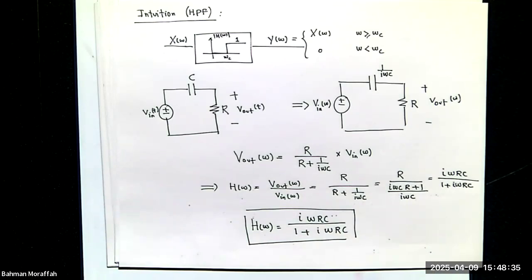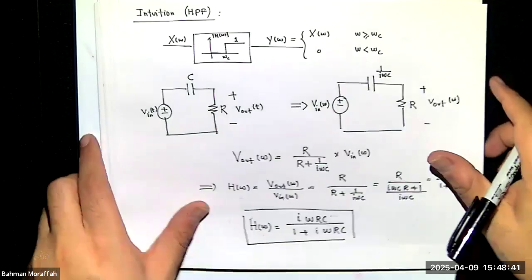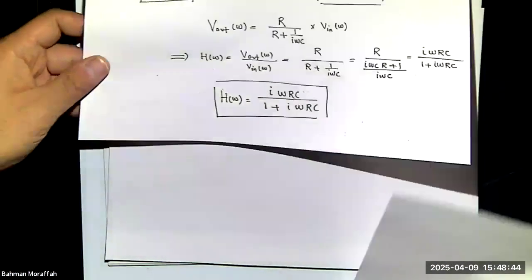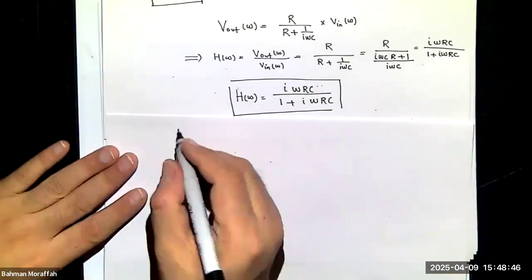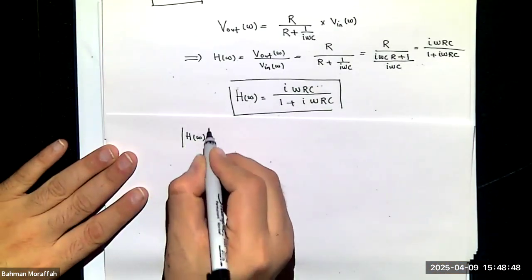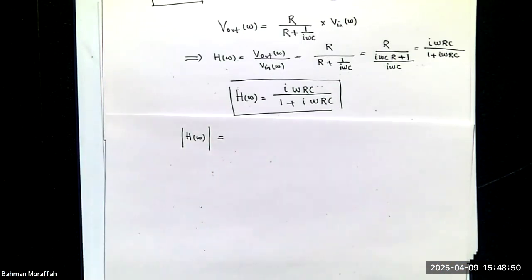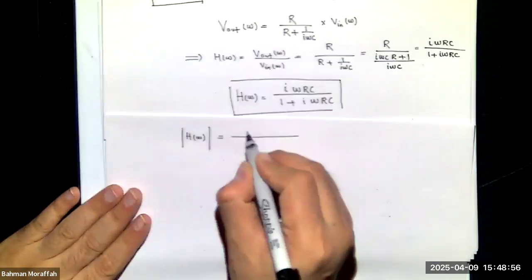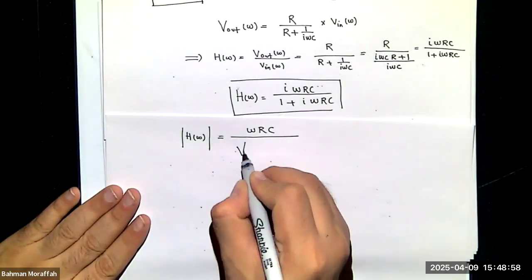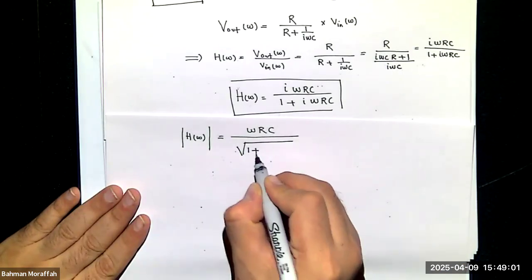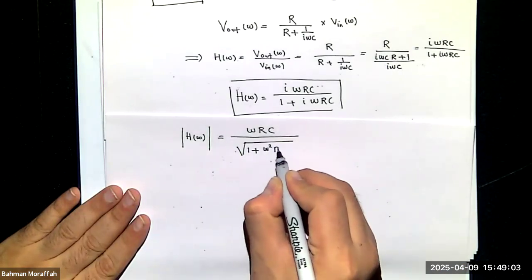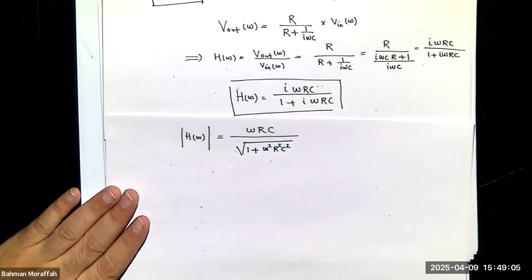Let's look at the magnitude of that to see if it actually resembles the ideal high pass filter. What is the magnitude here? Well, it's the magnitude of the numerator divided by the magnitude of the denominator. So it is omega RC divided by the square root of 1 plus omega squared R squared C squared.